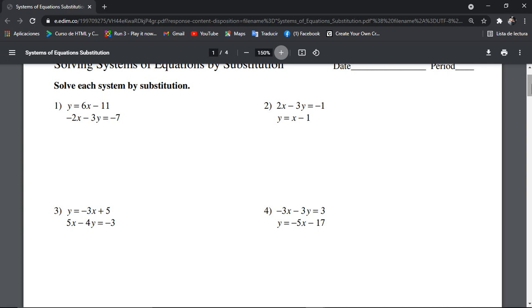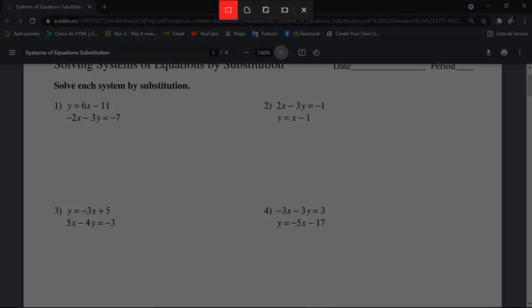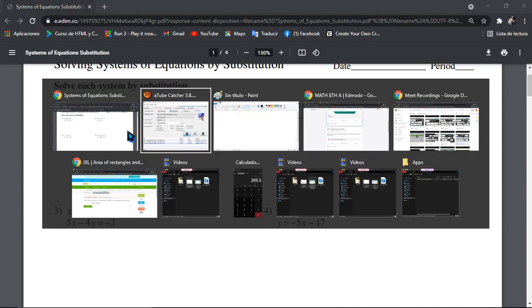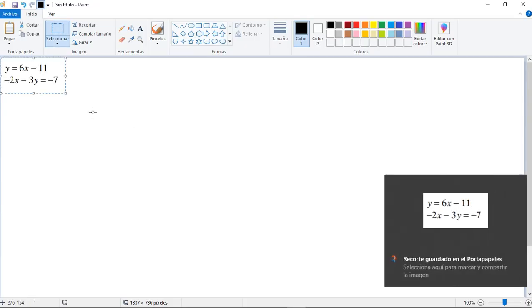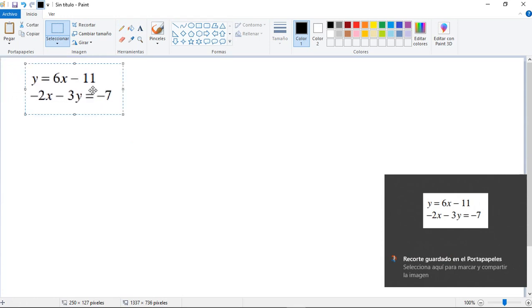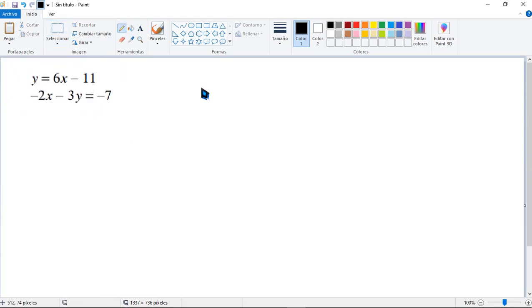Let me copy the very first one. Okay, so this is our first system of equations, and the first thing we need to do is to make sure that they are in the order that we need. What is the order that we need?